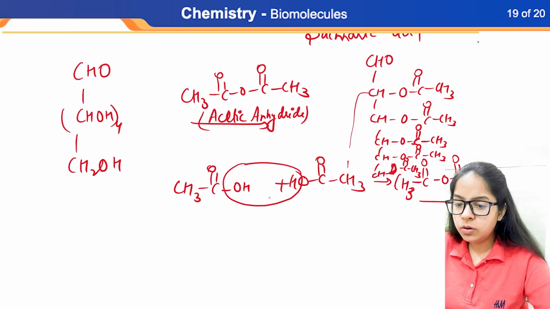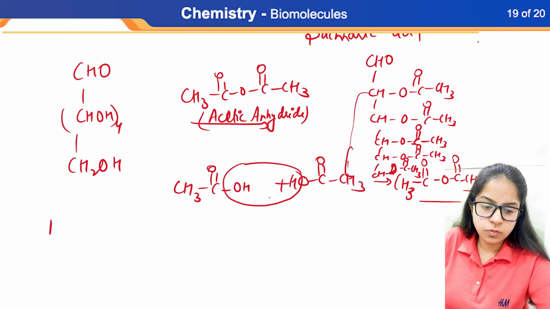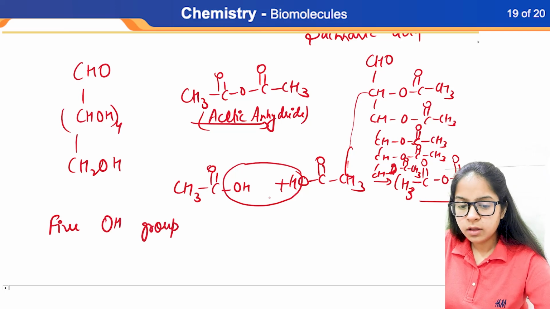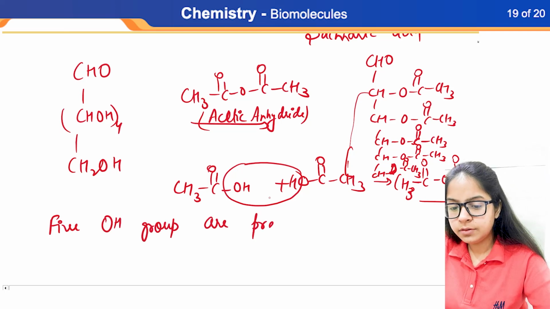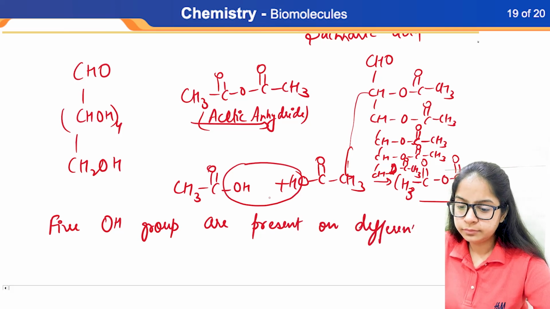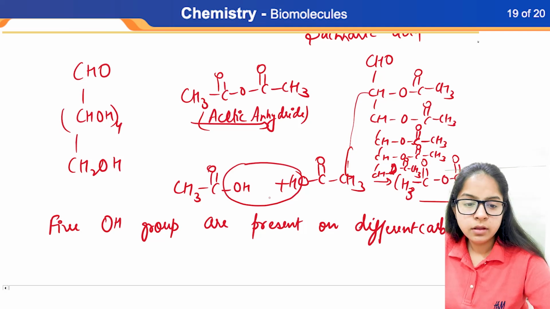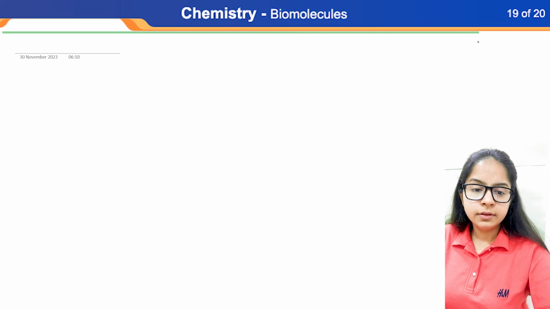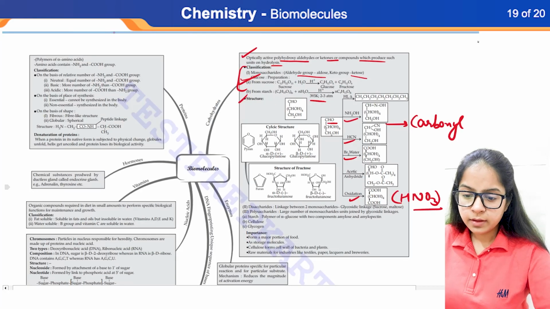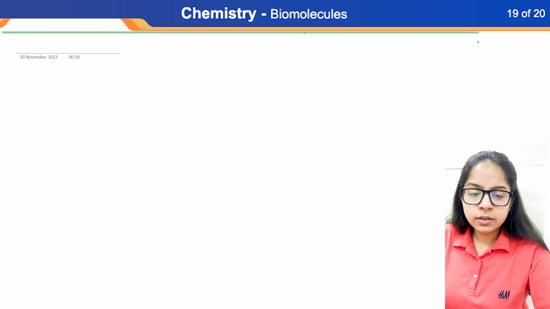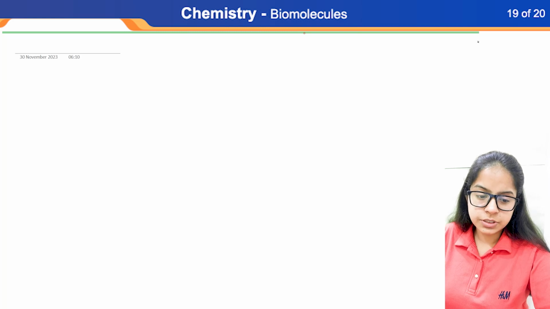From this I got to know that 5 OH groups are present on different carbons. So from this we got to know the structure. Now the next one is how you are going to form the structure.